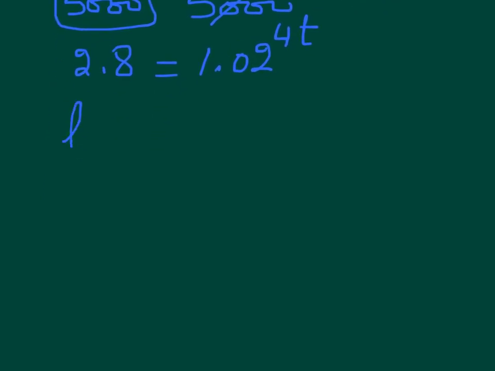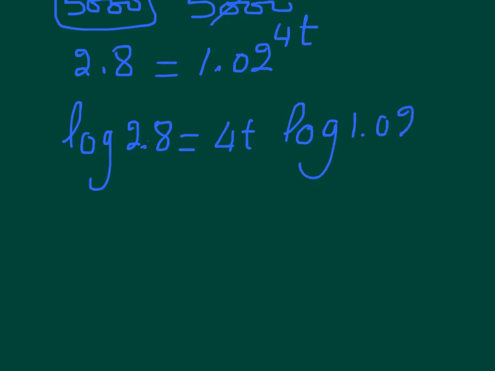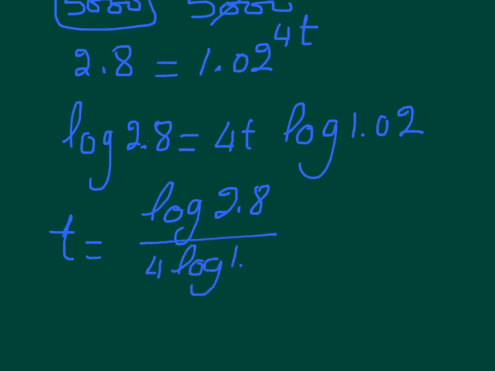To log both sides, we'll give you log 2.8 is equal to 4t log 1.02. Solving for t is going to be log of 2.8 divided by 4 log 1.02, which gave me an estimation of 13.003, or just simply 13 years.